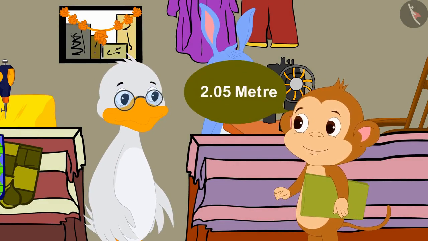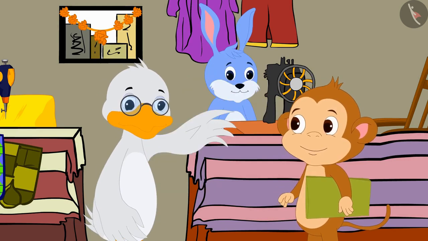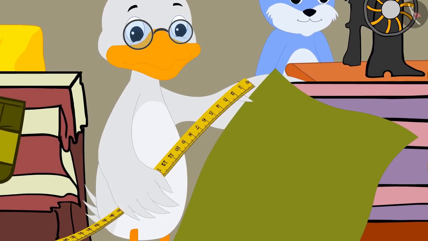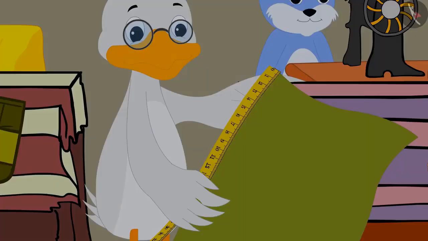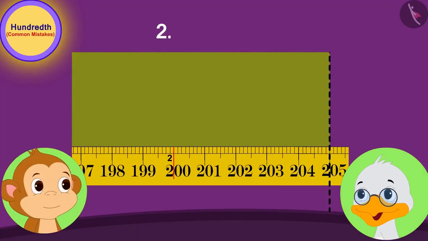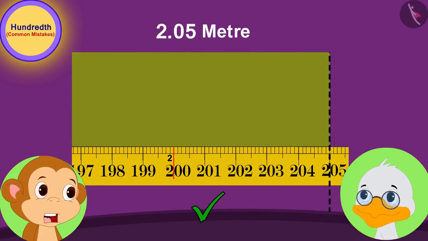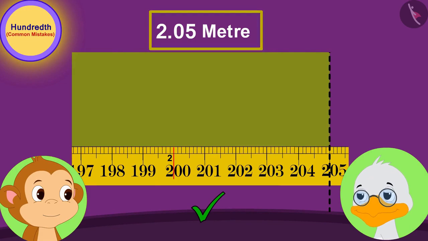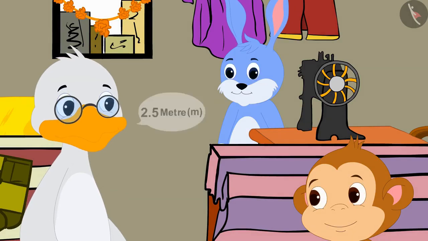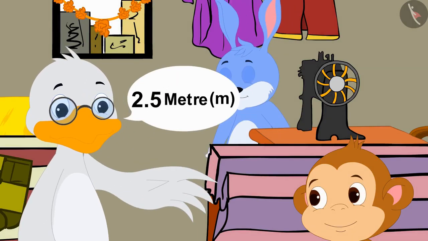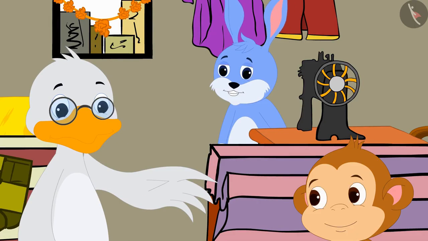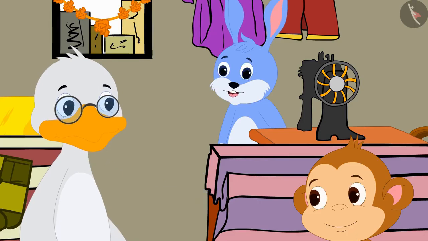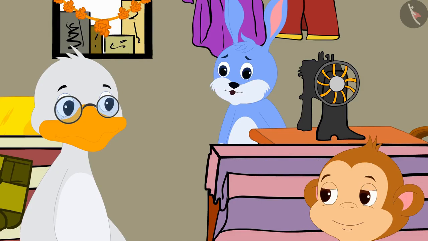When he told this to uncle, uncle once again measured that cloth with his tape and found that Babban was right. The length of the cloth was actually 2.05 meters. He asked Bunny about this. But uncle, 2.05 meters is equal to 2.5 meters, right?